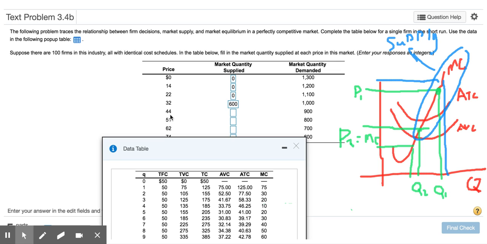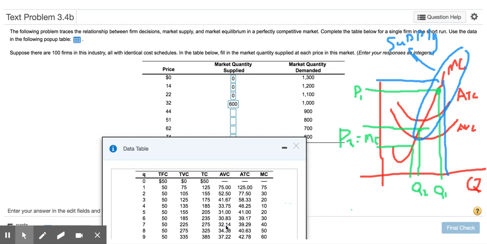When the price is 44, it's slightly above marginal cost at this quantity, 7 units. Now, let's check, is the price higher than average variable cost? Average variable cost is 32.14.